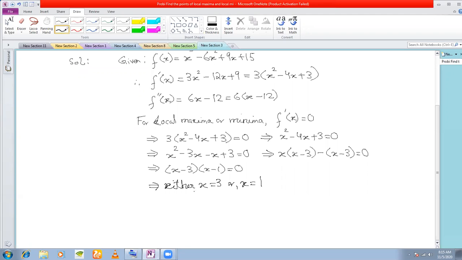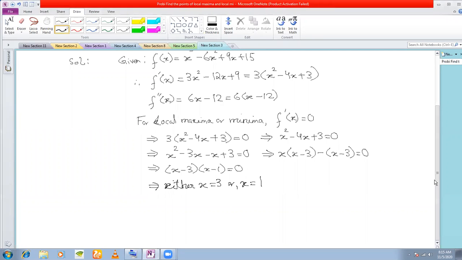Okay. Now we shall check for maxima or minima at these points.